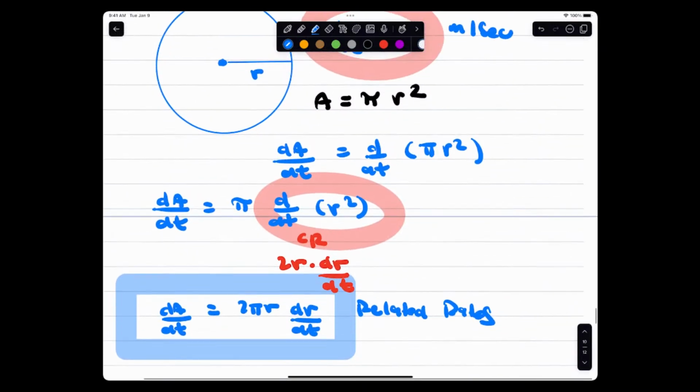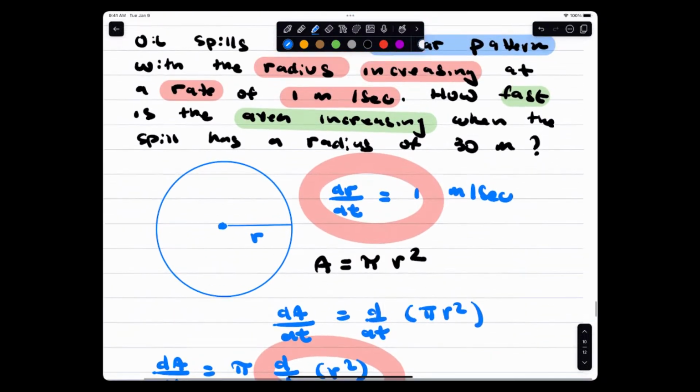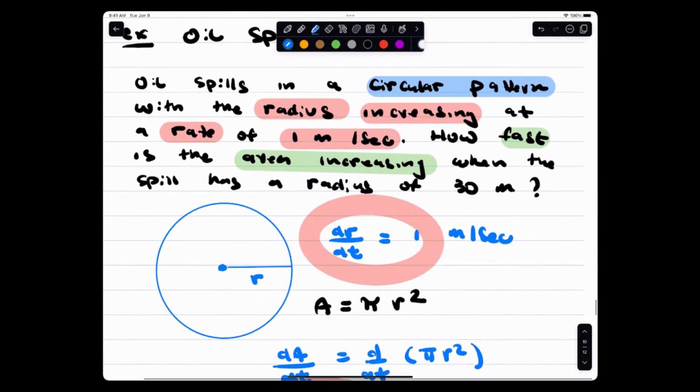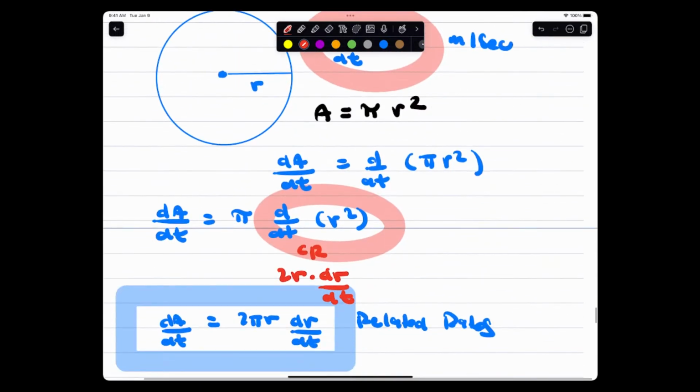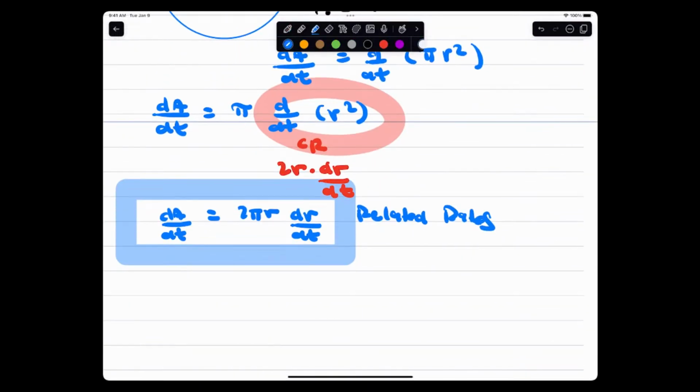So when you go back and read this, how fast is the area increasing? How fast, again, is a rate. What do you think they're asking for? In green, they're asking for dA/dt.